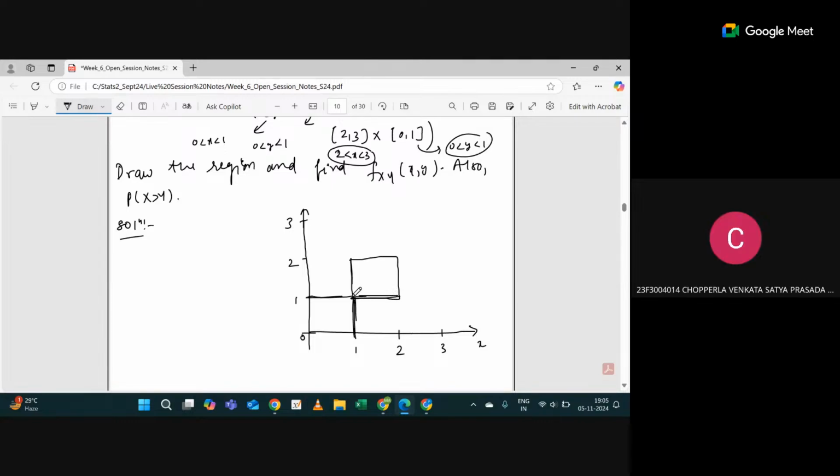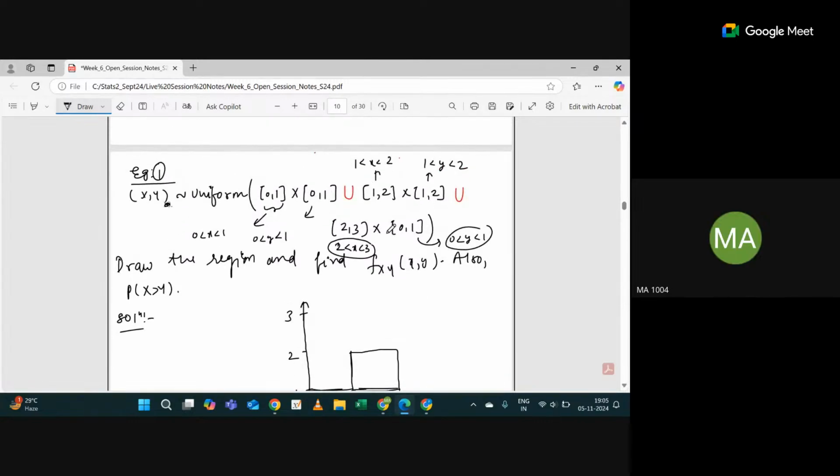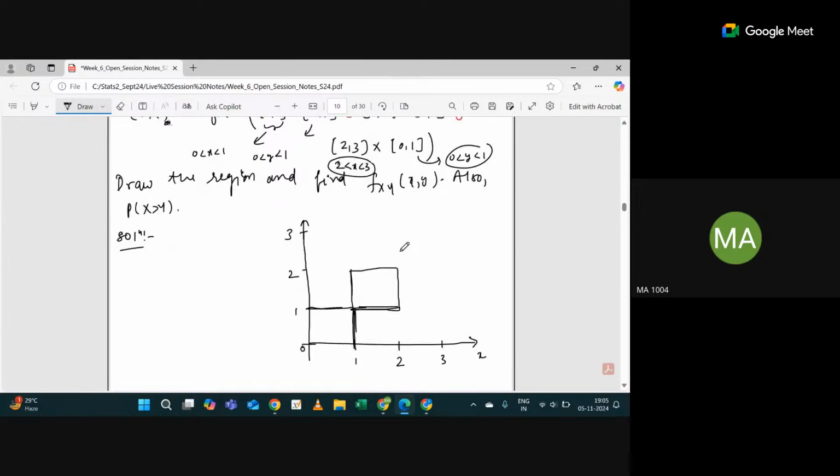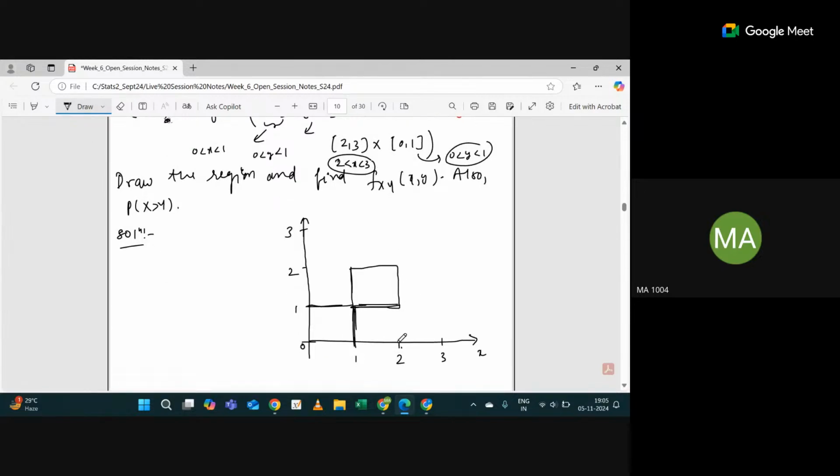Union of x is 2 to 3 and y is 0 to 1, so x is 2 to 3 means this part, and y 0 to 1 means this part. Is the region clear to all of you? Let me highlight with another color so that our region of interest is this one and this one, because it's a union. So we are dealing with all these three blue highlighted parts.